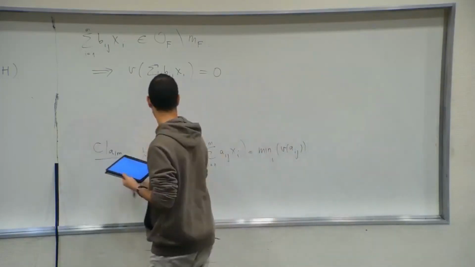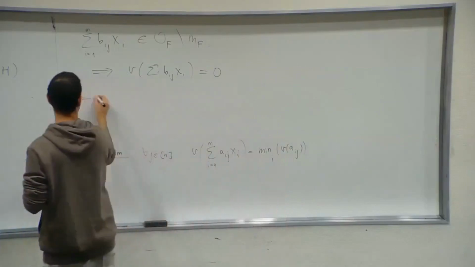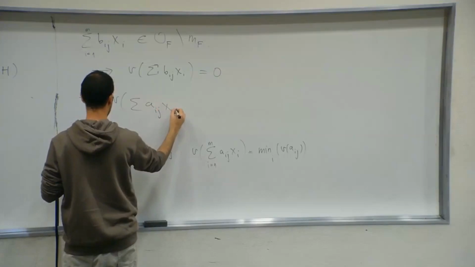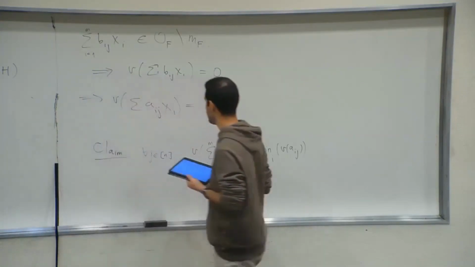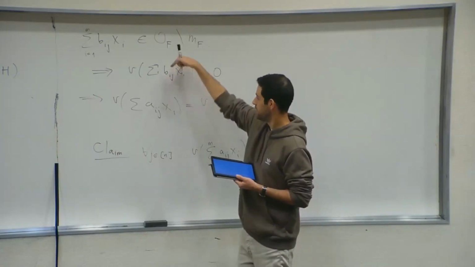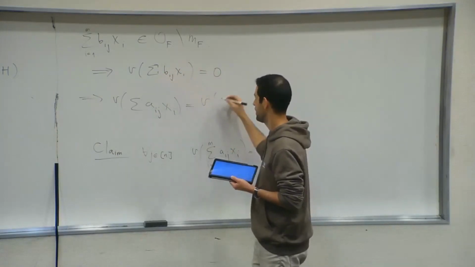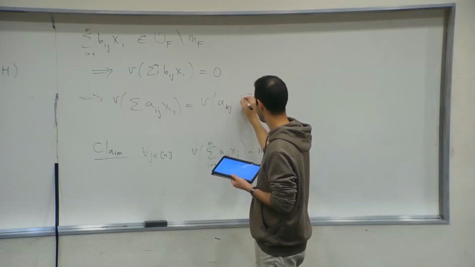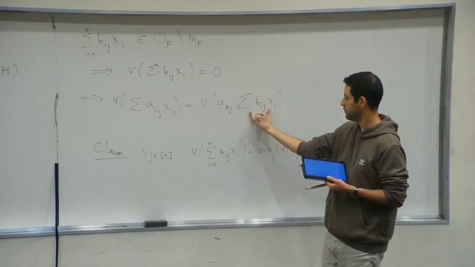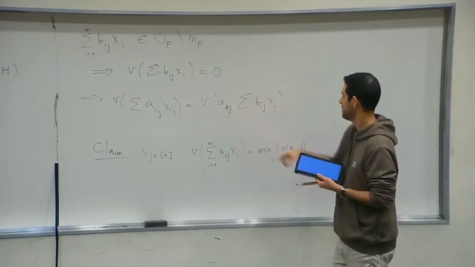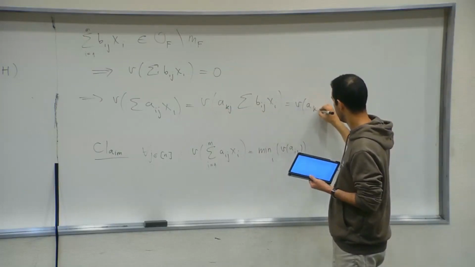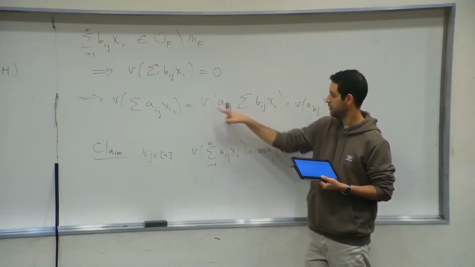Now if we use it with a, aij is akj times bij, because the way we define bij is aij over akj. So the valuation of the sum is the valuation of akj plus V of the sum of bij xi, and V of this is zero.